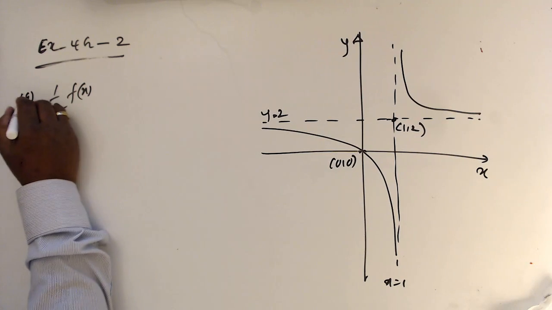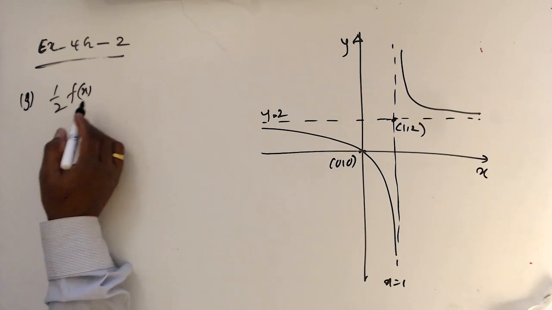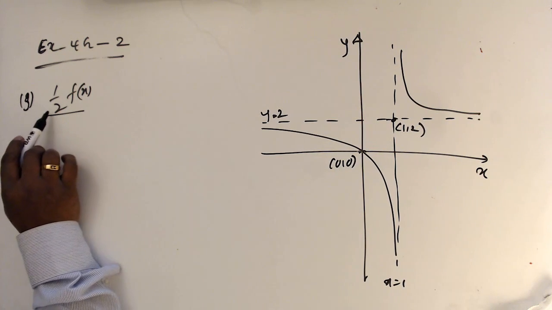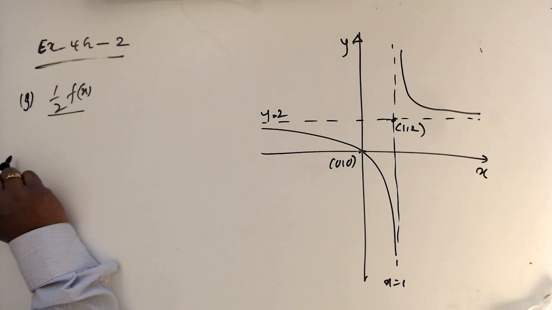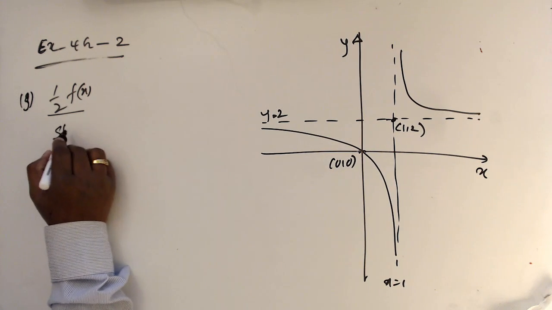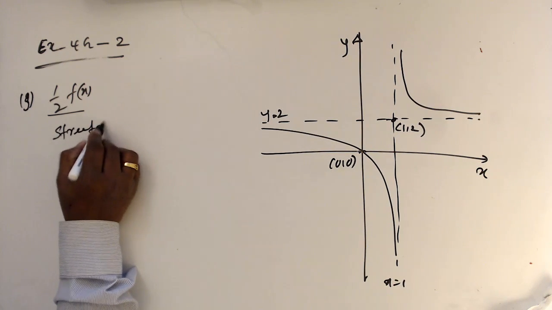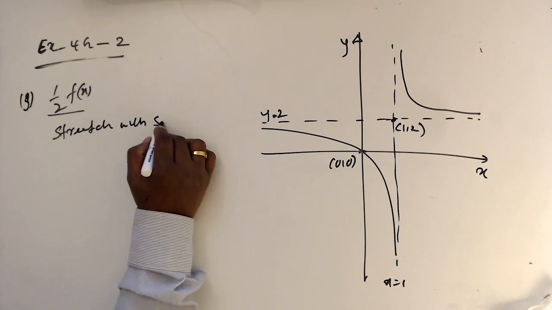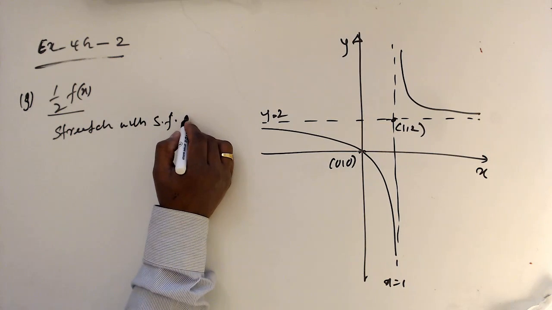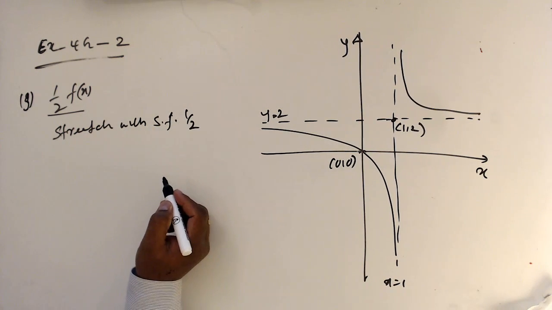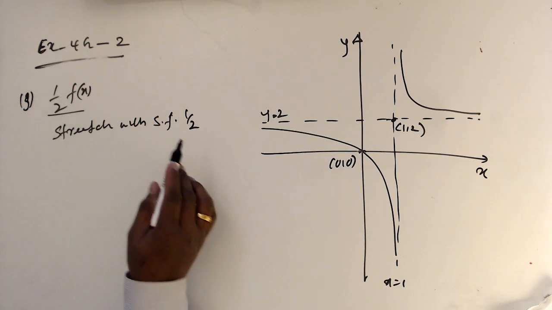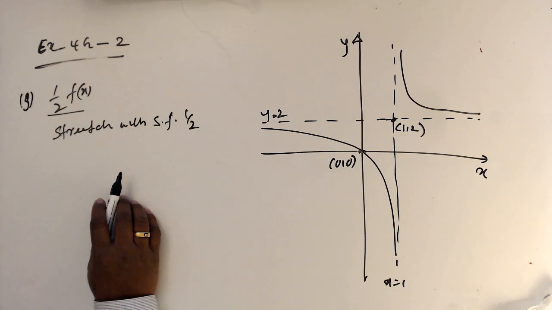Let's discuss part g. Now we know that this is going to affect y values. So we know that this is a stretch with scalar factor half. So we want to multiply the y values by half.